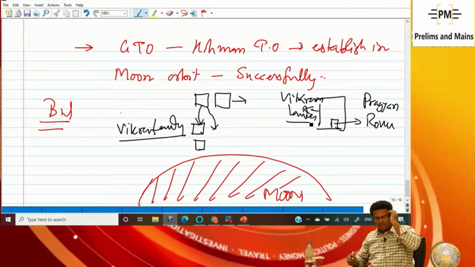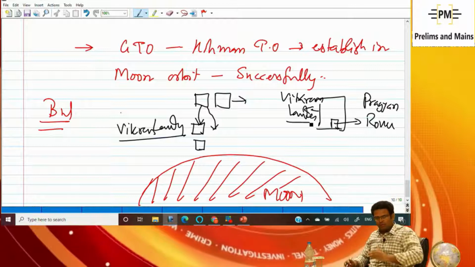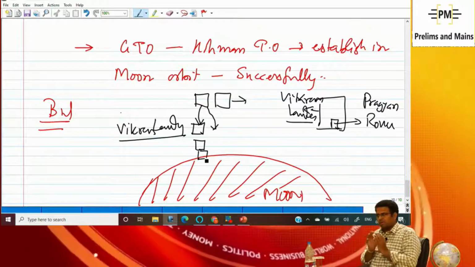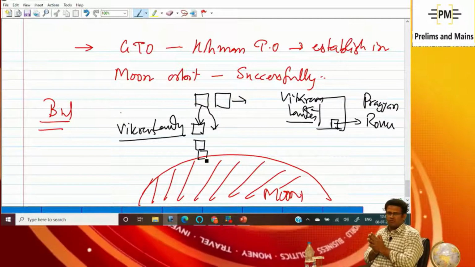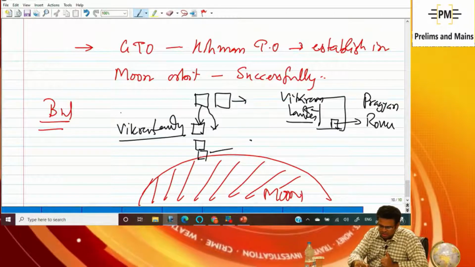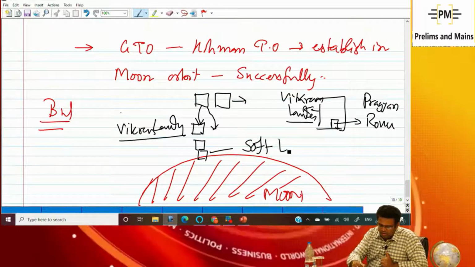So perhaps it is clear that the Vikram lander is falling, but it is not able to fall down softly. The most important point is soft landing. There is a need of soft landing.